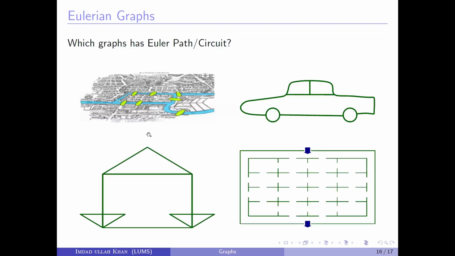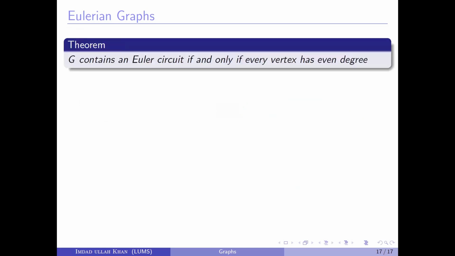So if you model all these examples which we played with as graphs, our task is to figure out a path or circuit in those graphs. In other words, the underlying characteristic of the problem is similar to the ones in other examples. The theorem is that G contains an Euler circuit if and only if every vertex has even degree.